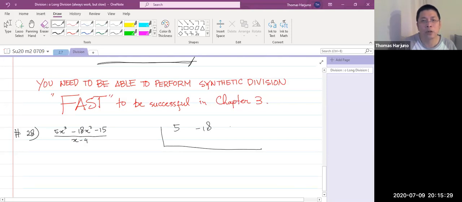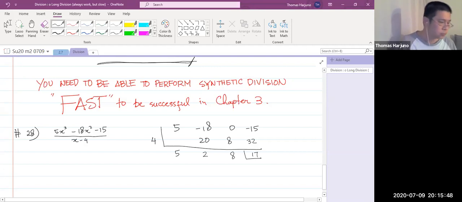That's degree of 2, degree of 0, degree of 1, degree of 0, and then the c is 4. So this is 5, 22, 8, 8, 32. So this is 17. So the quotient is 5x squared plus 2x plus 8 plus 17 over x minus 4.